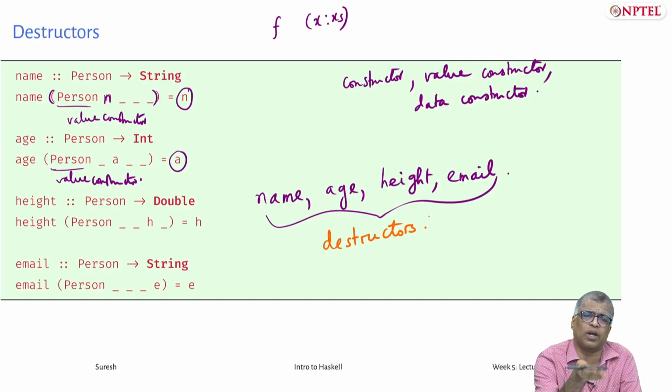This is clearly what you want. You want to select a particular field. In database terminology, these destructors are nothing but what you will call select. Select name from this record is what you want to do, or select age, etc.